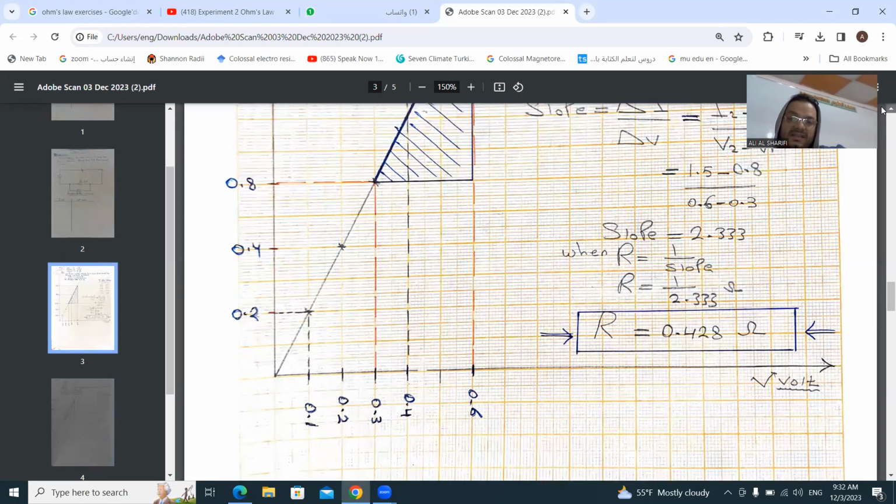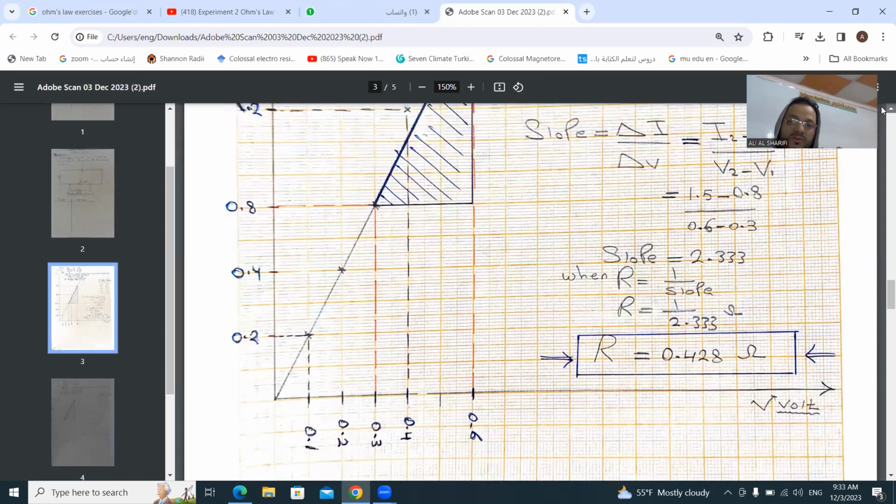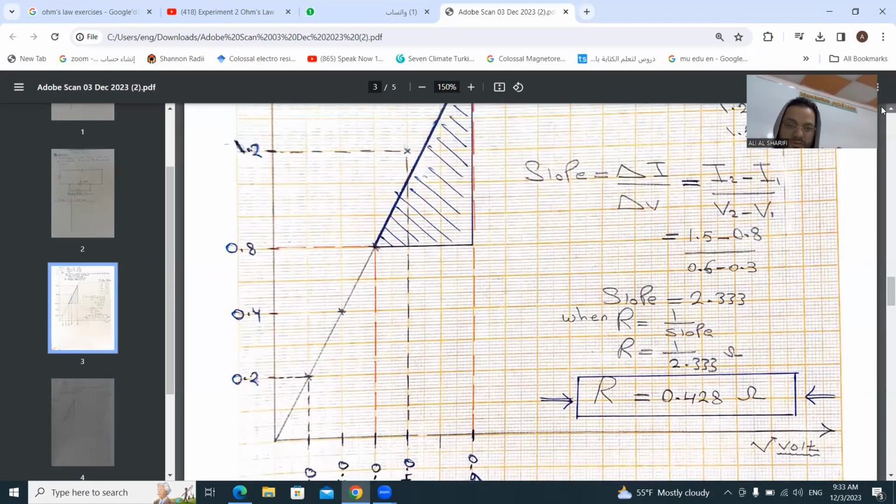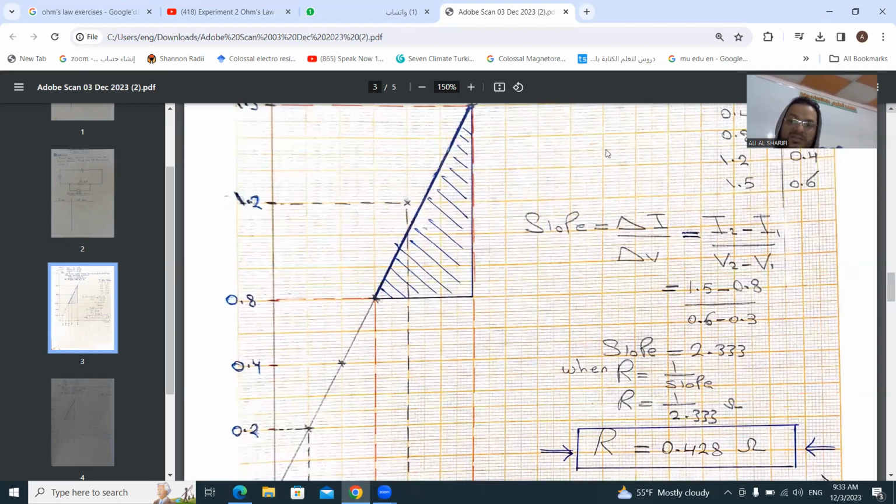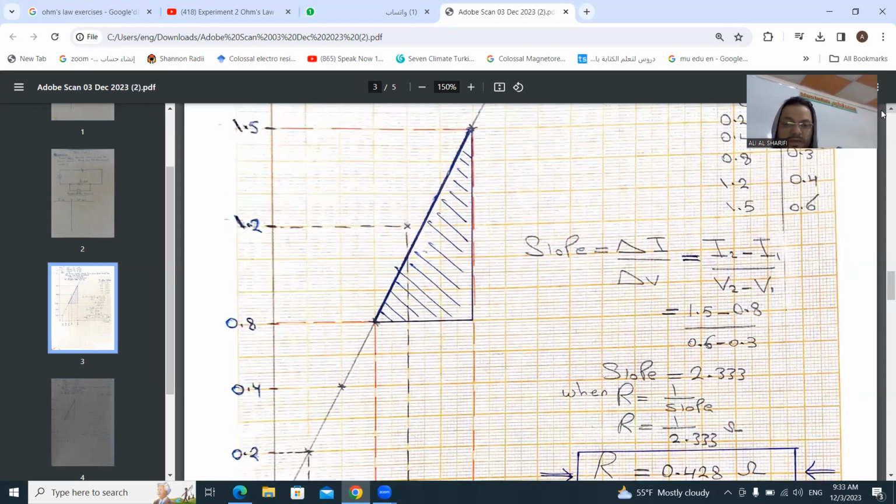Let me mention two very important notes. From the slope properties, the slope must be equal at each 2 points.